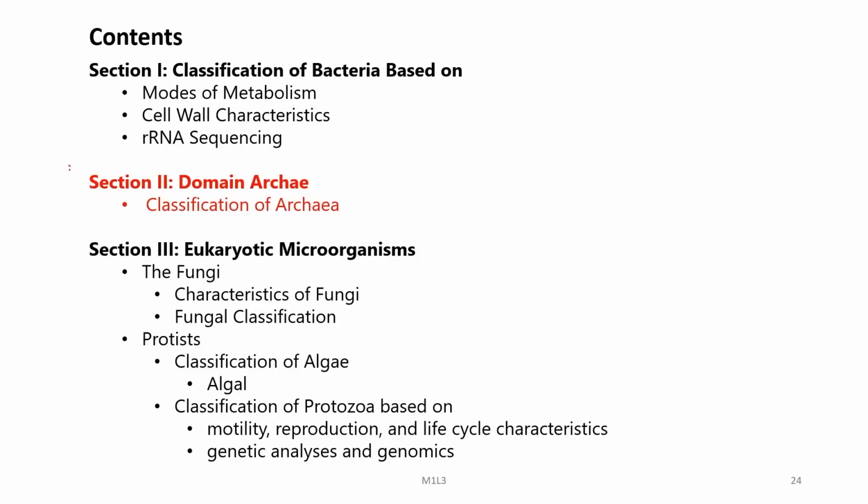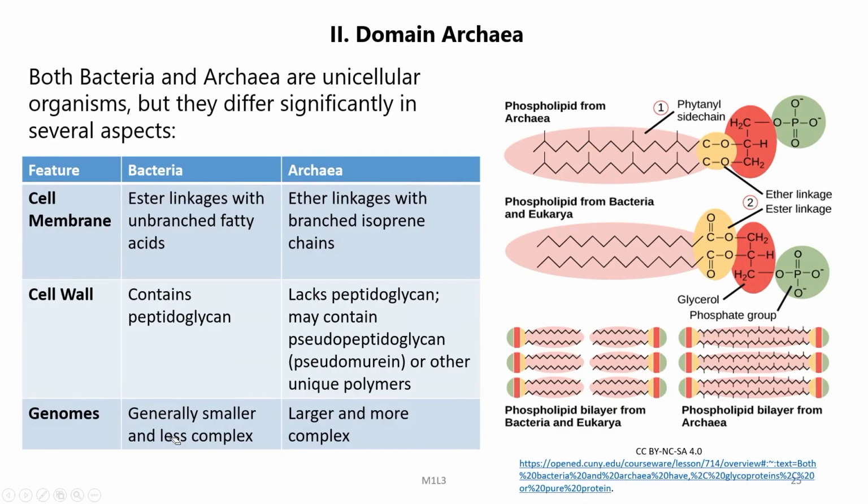Let us now go to the next section, section number 2, and discuss the classification of archaea. So, the domain archaea. Both bacteria and archaea are unicellular organisms, but they differ significantly in several aspects.